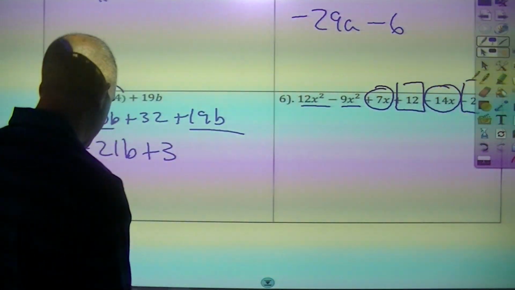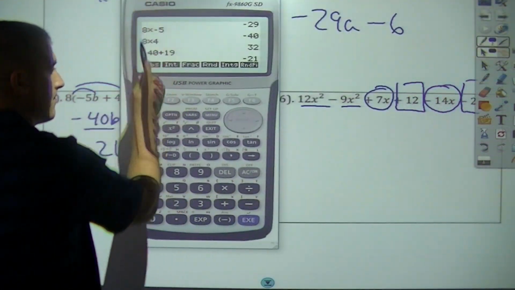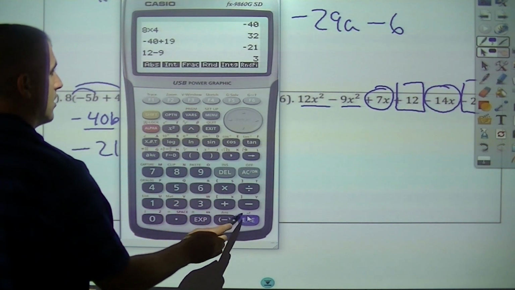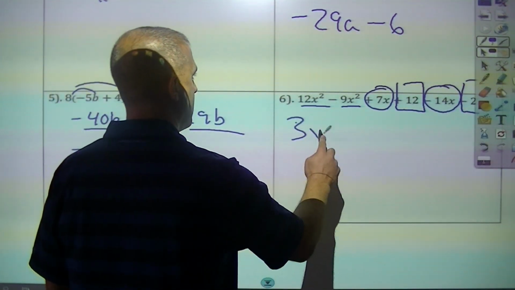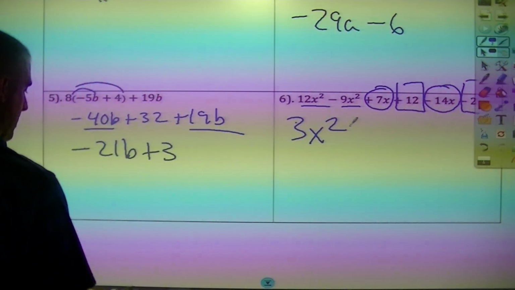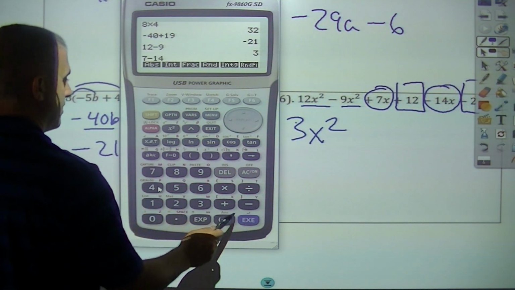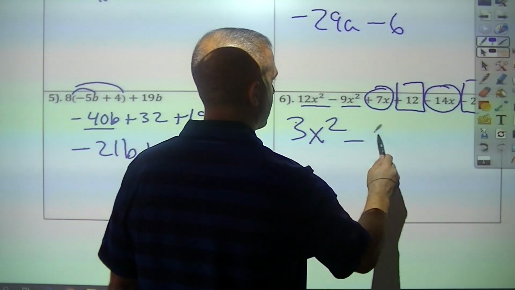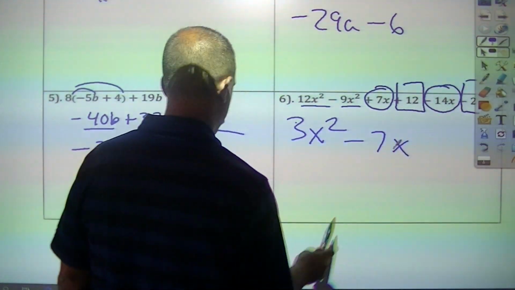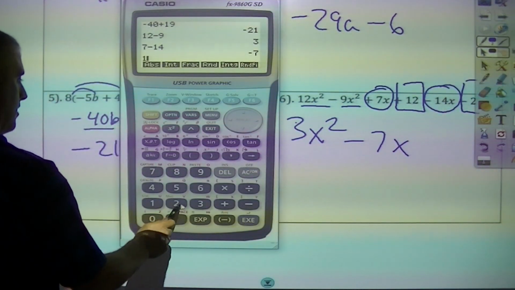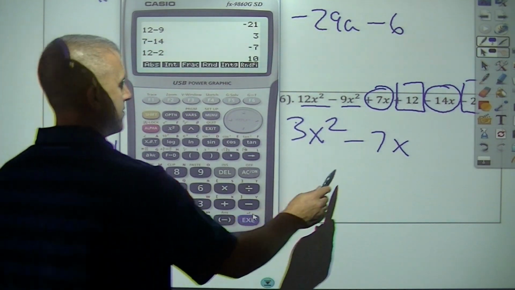So 12 minus 9 will give me the 3x squared. 7 minus 14 will give me negative 7x. And then positive 12 minus 2 gives me positive 10.